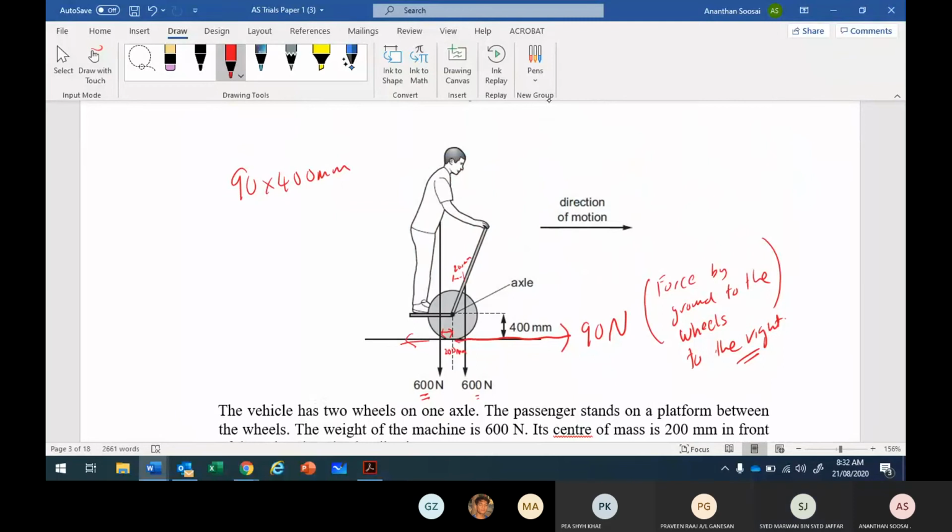So tell me, does this 90 times 400 mm give a clockwise moment or anti-clockwise moment? It's going to turn this way, so it gives an anti-clockwise moment. The weight also gives an anti-clockwise moment, so the center of gravity must reduce.